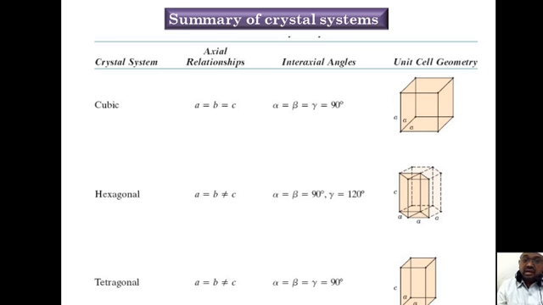The interaxial angles alpha, beta, gamma are also called interfacial angles. If this condition is satisfied, the crystal system is cubic, and so on.